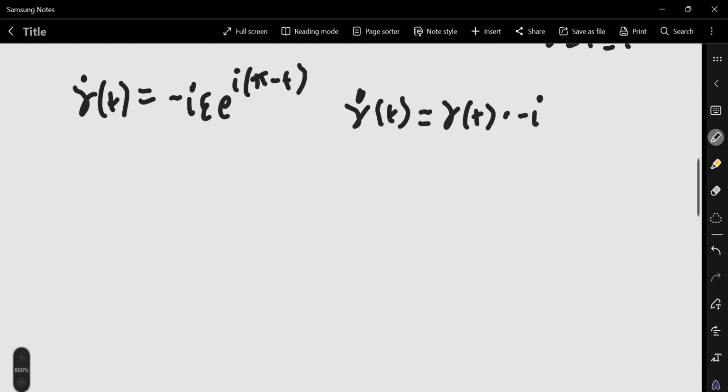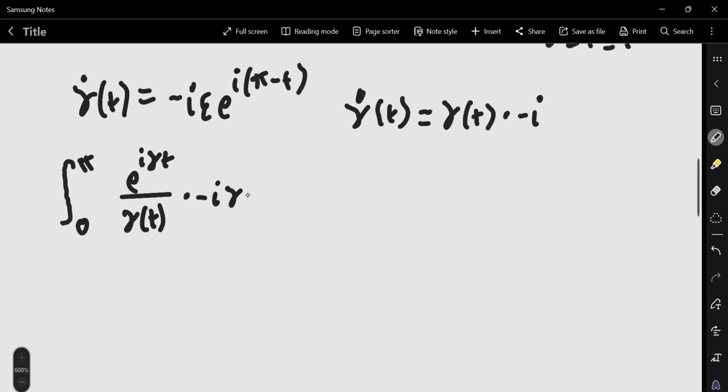So now our integral becomes the integral between 0 and pi, that's our bounds, of e to the i gamma of t over gamma of t, times minus i gamma of t.